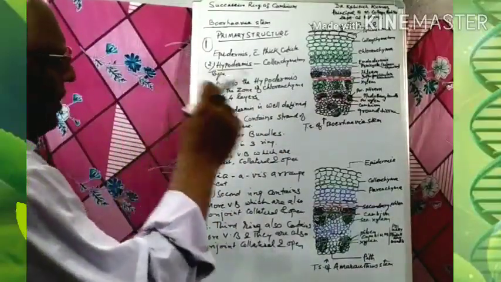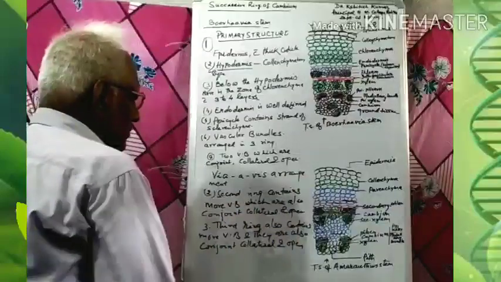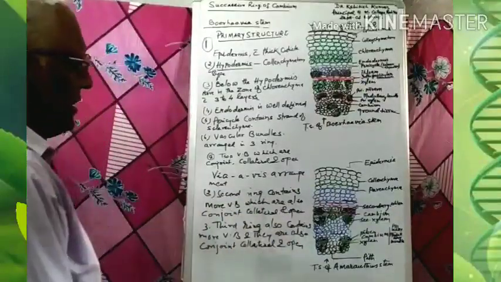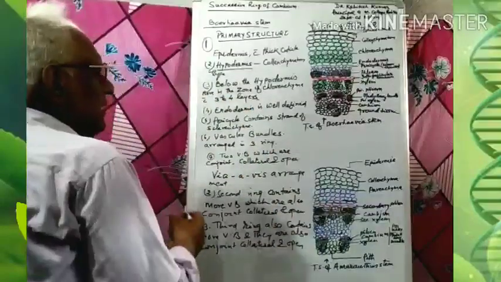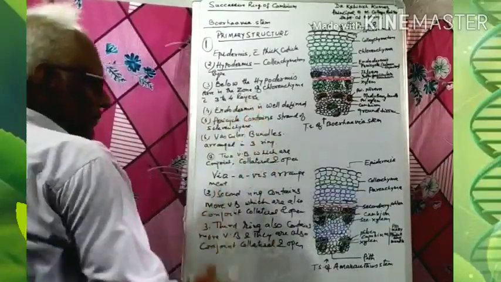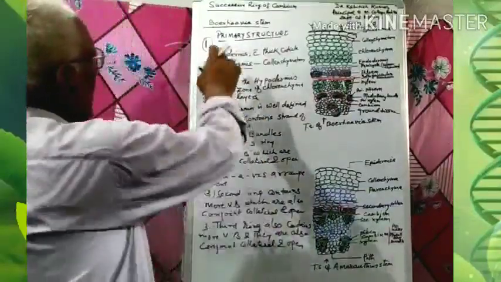It forms a ring-like structure that later on joins as a ring, just like the typical secondary growth in the stem. So first of all, know the primary structure.